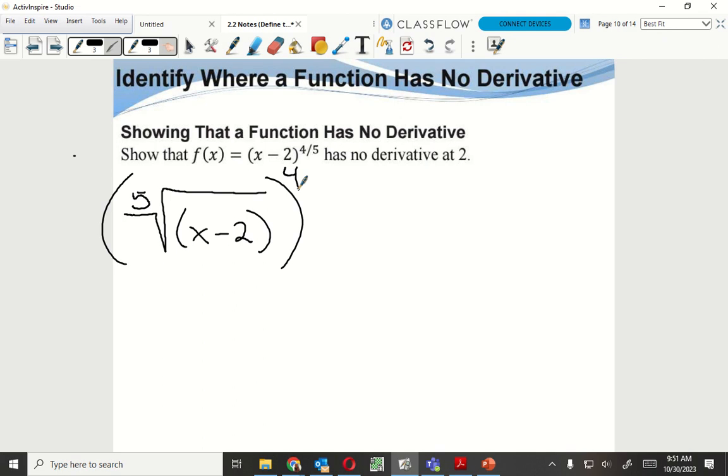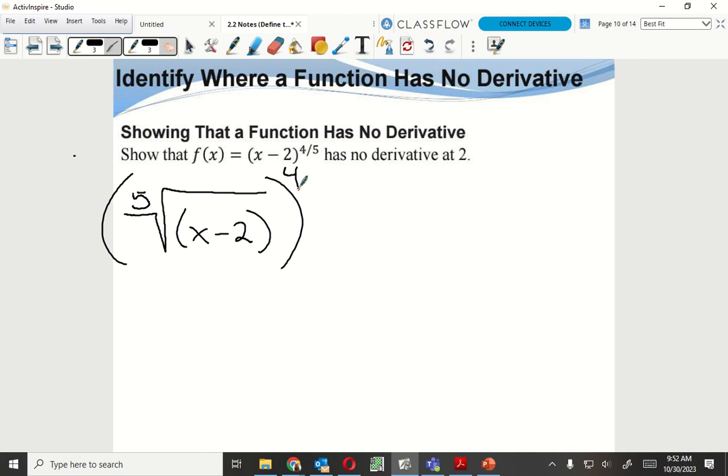If this 5 was a 4 or a 2, I would have a restriction where I cannot have negatives inside the radical, period, no matter what my power is. So given those things, I am allowed to have it.